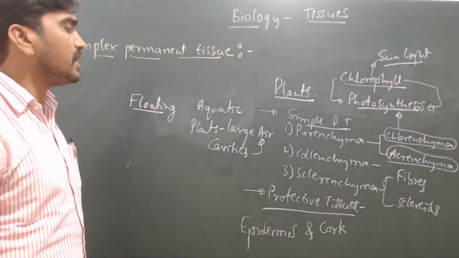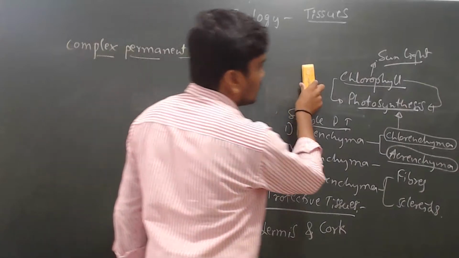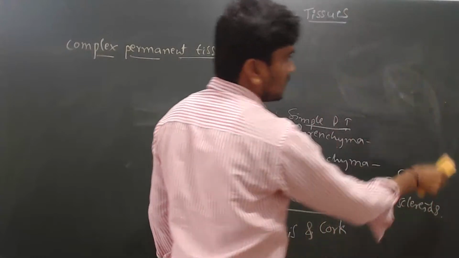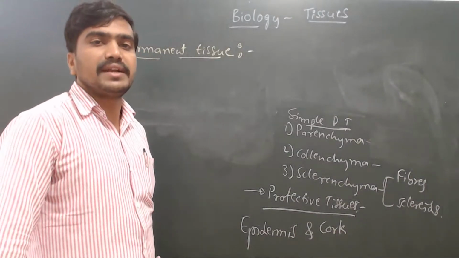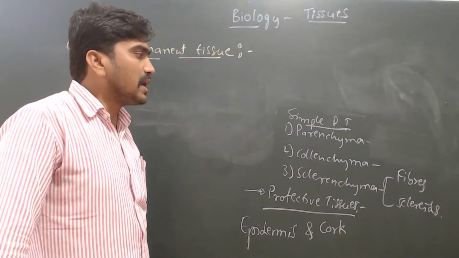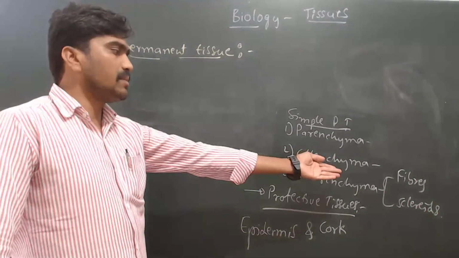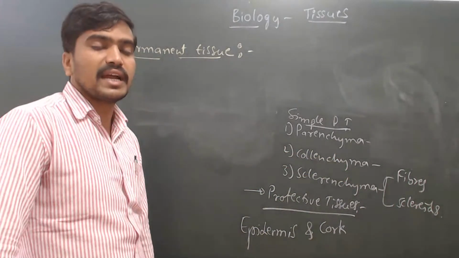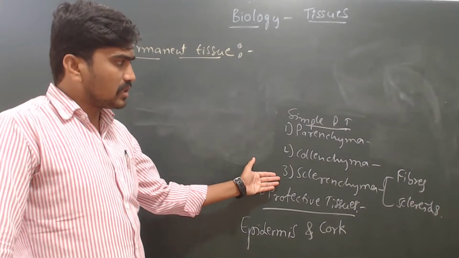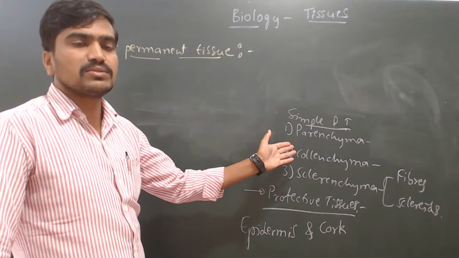Then the second one, collenchyma. Collenchyma in a plant provides flexibility. Then sclerenchyma has two types: fibers and sclereids. Parenchyma has a thin cell wall made of cellulose. In collenchyma, the cell wall is made of cellulose as well as pectin.